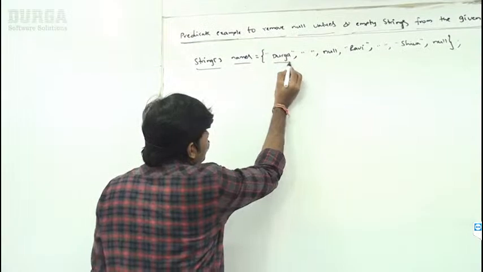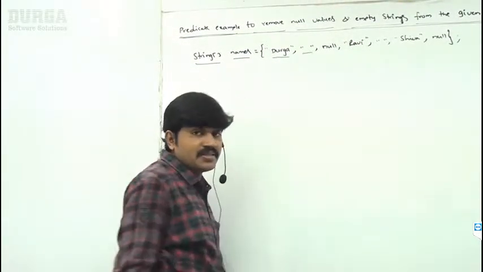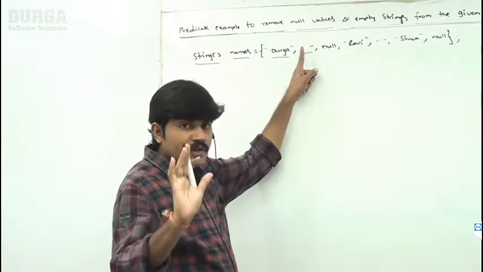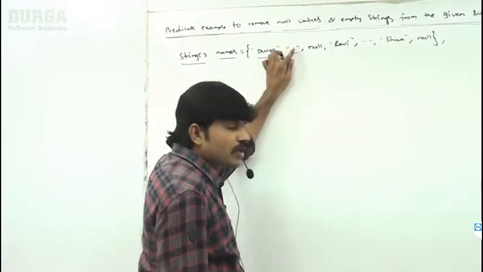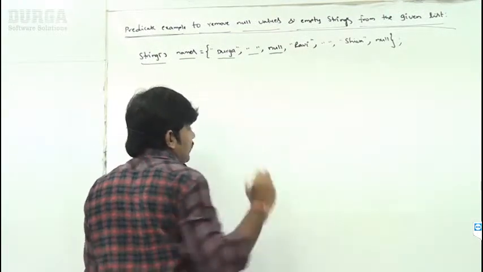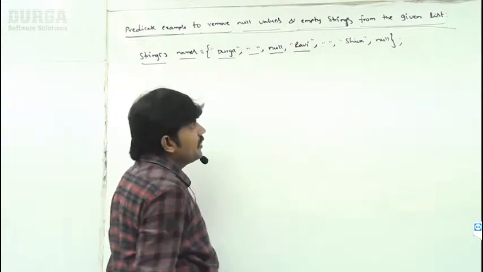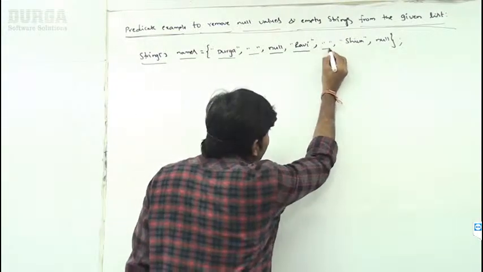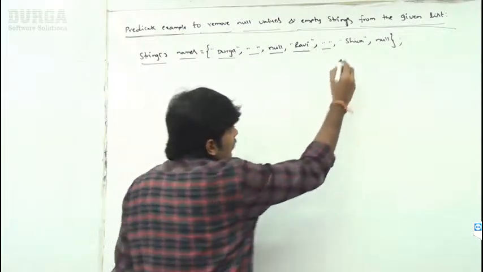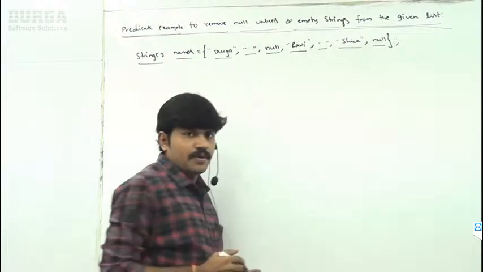The first is Durga, one string, but the second one is an empty string, just double quotes open and close, not even a space. The third one is null. The fourth is Ravi. Next, again an empty string is available, then the valid string Shiva, and again null is available.